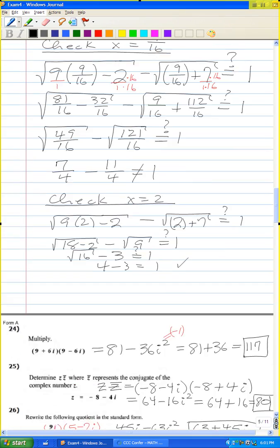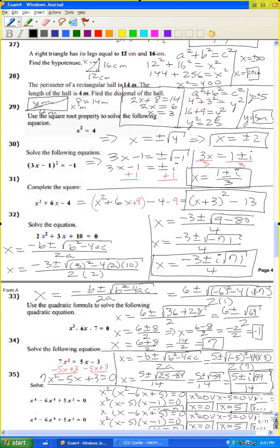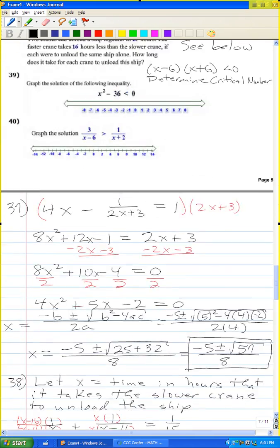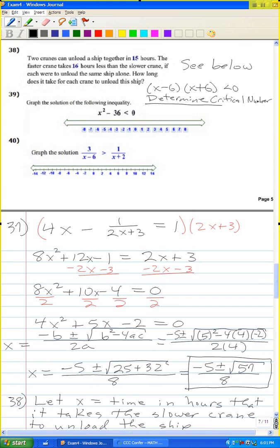Set each factor to 0 and solve for x. So x is equal to 6. x is equal to negative 6. So I'll put those on my number line.